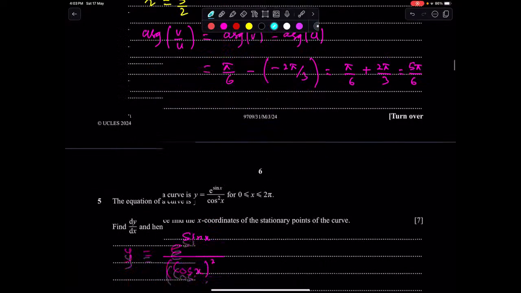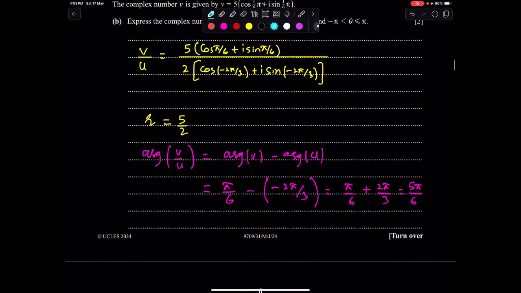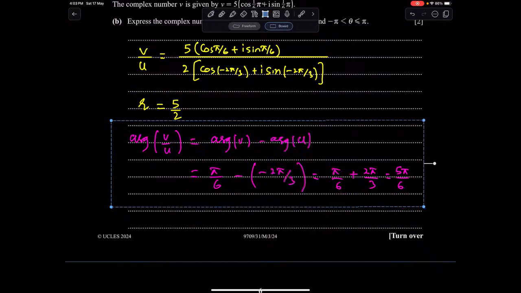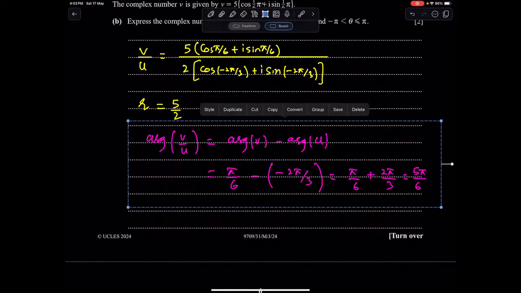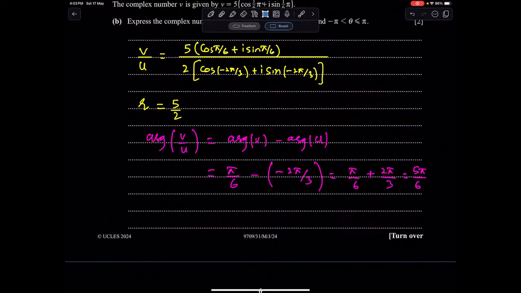Therefore, v upon u in R e to the i theta form.